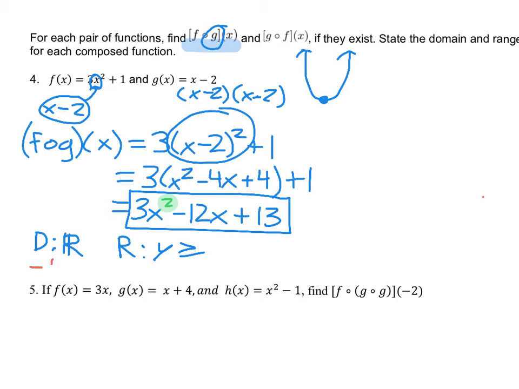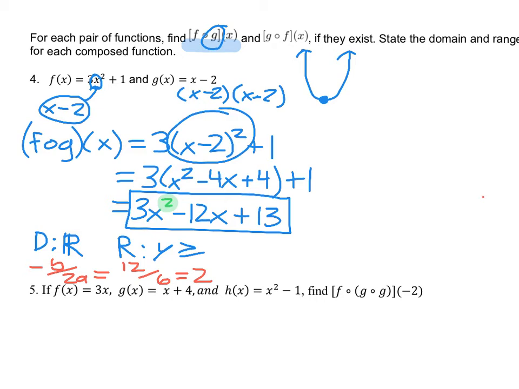The x coordinate of the vertex is negative b over 2a. So if we do negative b over 2a, b is negative 12. So negative b is positive 12, and then 2 times a is 2 times 3, which is 6. So negative b over 2a equals 2.